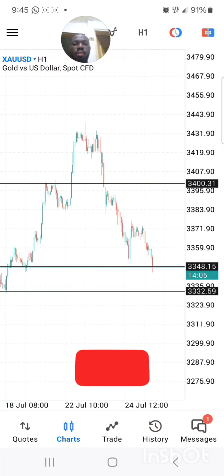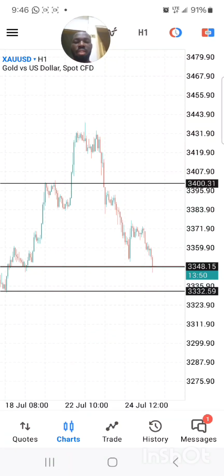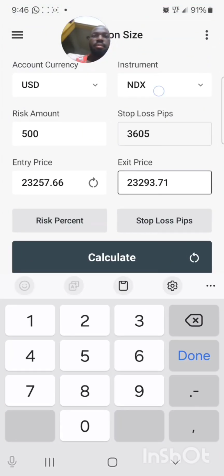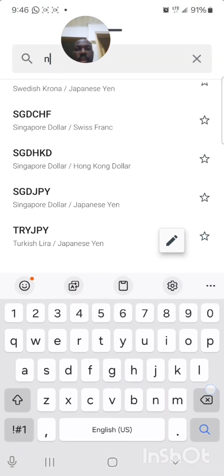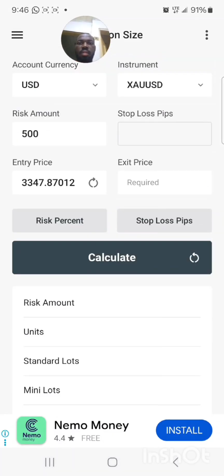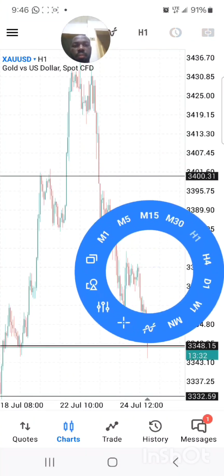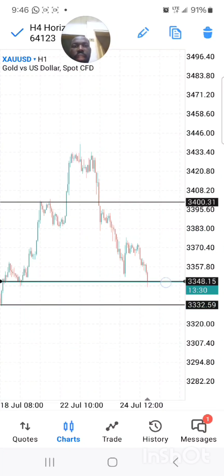In order to enter this trade at the exact amount and put the stop loss here, we have to understand what lot size we're going to use for this trade. Now the market doesn't move from this position, so it can take us like 5 to 10 minutes to analyze this, then we enter the trade instantly. So we come here, type in gold XAU USD. The amount we're willing to risk is 500. The entry price is going to be this line that is there, copy.